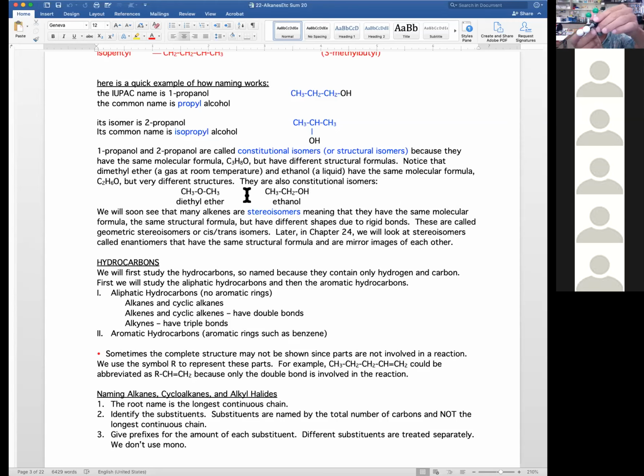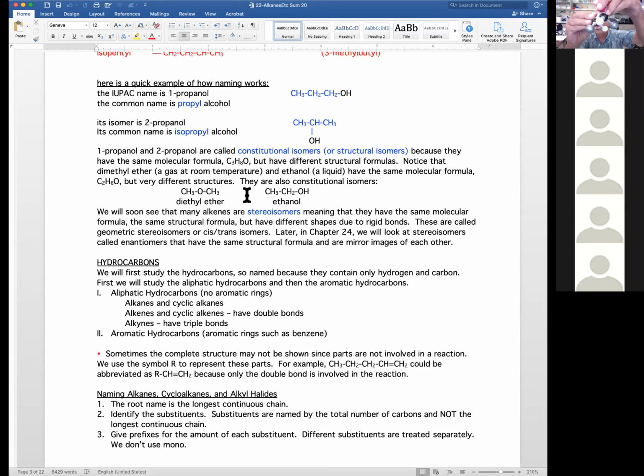That's the same molecule. But what happens if I switch any 2 around? Now when I try to superimpose them, I got red and red, green and green, but look, the other ones are not there anymore. So these are different molecules.